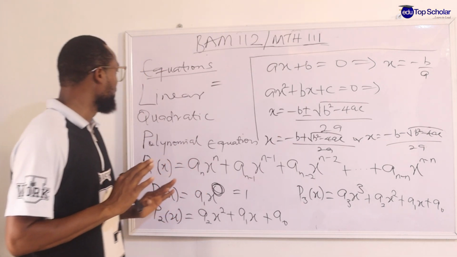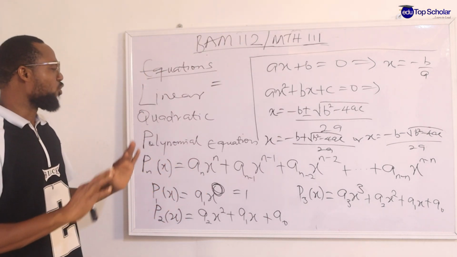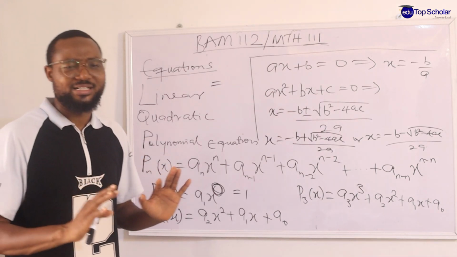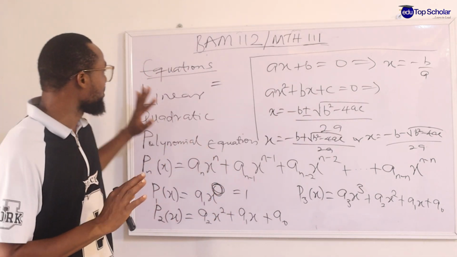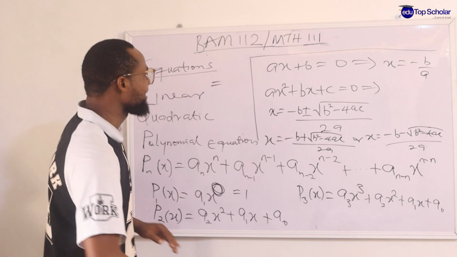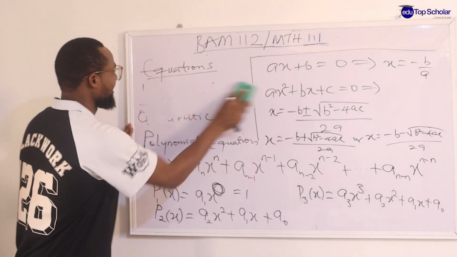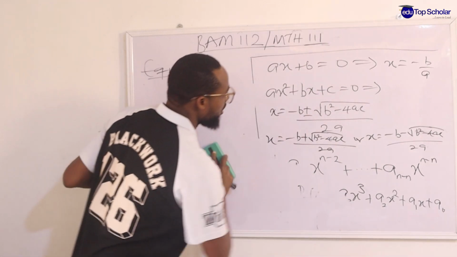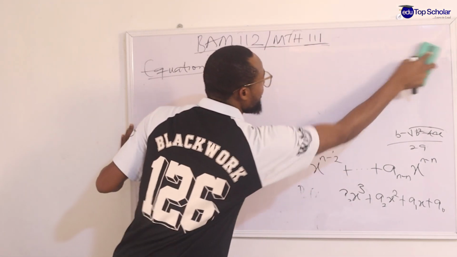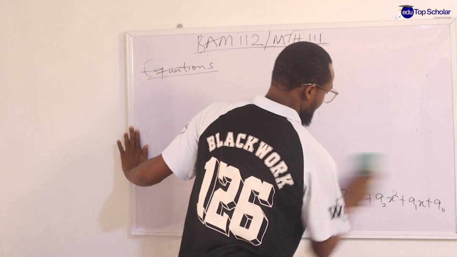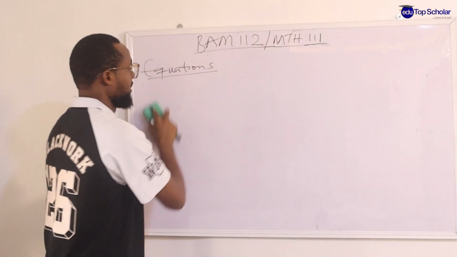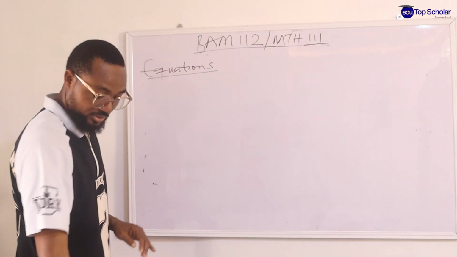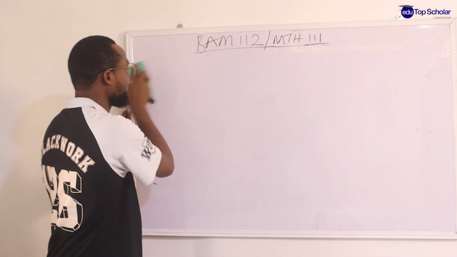Now, we want to look at the quadratic equation, because that is our major focus as far as this course is concerned. For a quadratic equation, we know that the standard form of a quadratic equation is, I think I just remove it, so I'll call this quadratic equation now.